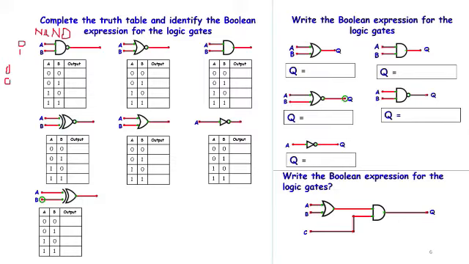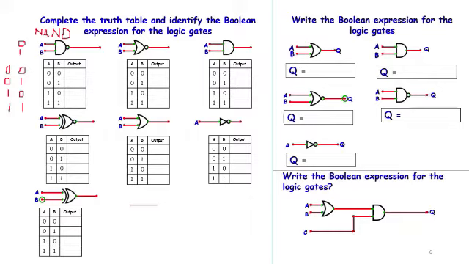You say 0, 0, 1, 1. This one repeats itself twice. Then the next column: 0 repeats once, 1 repeats once, 0 repeats once, and 1 repeats once. So that's how we form this.